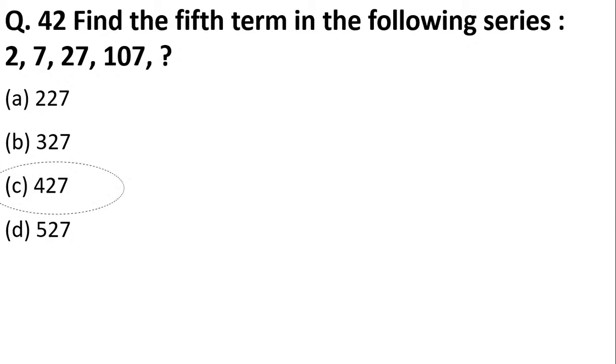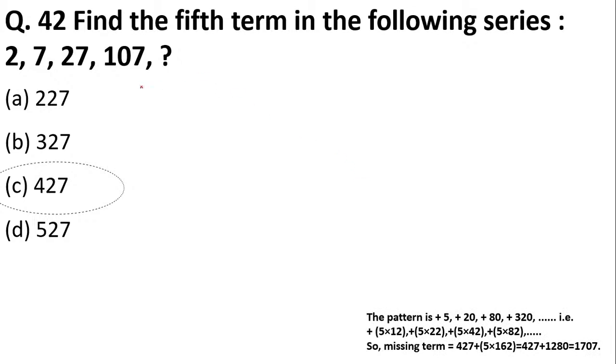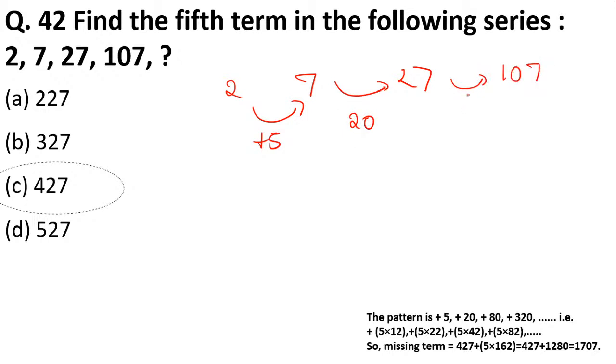So here the right answer is C, and I'll tell you why. The pattern is between 2 and 7, you will have to add 5. 7 and 27 is 20. 27 and 107 is 80.